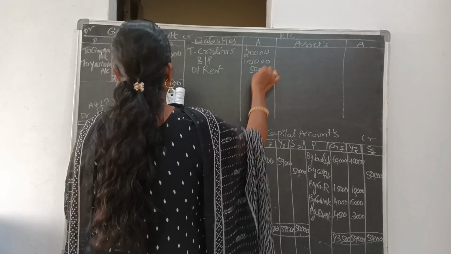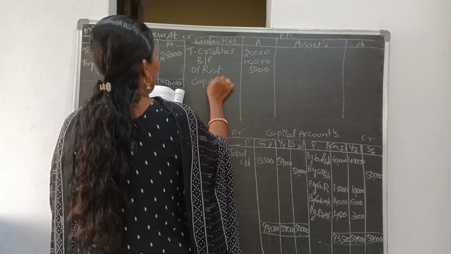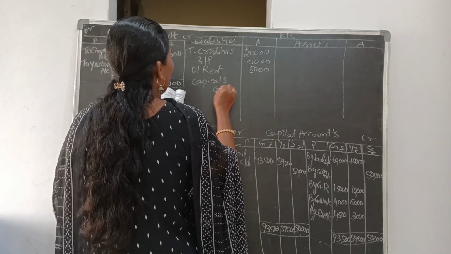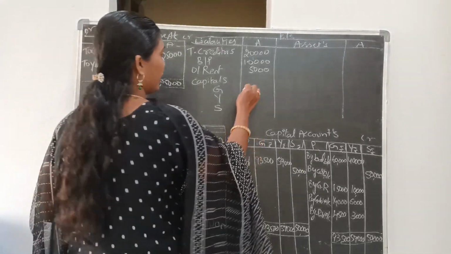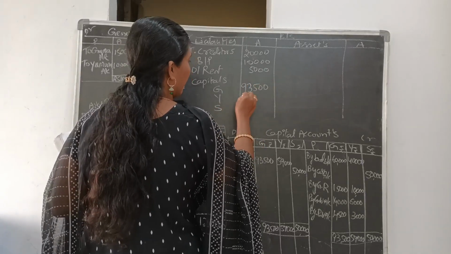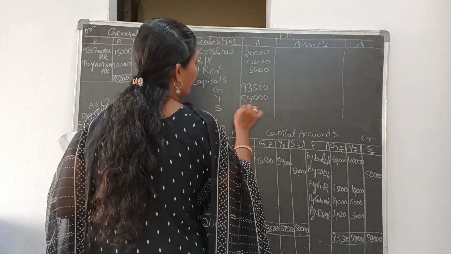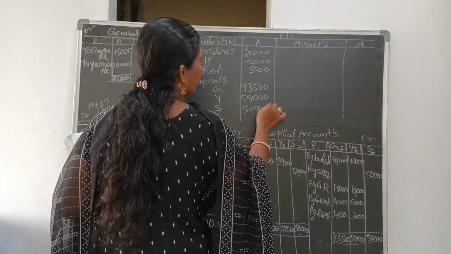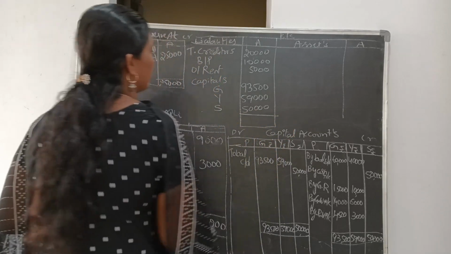So 5,000. Next, capitals of Ganga, Yamuna and Saraswati. So we are going to write adjusted capitals: 93,500, 59,000 and 50,000.